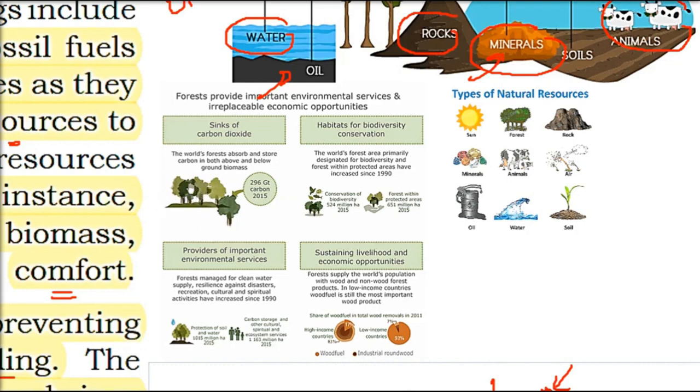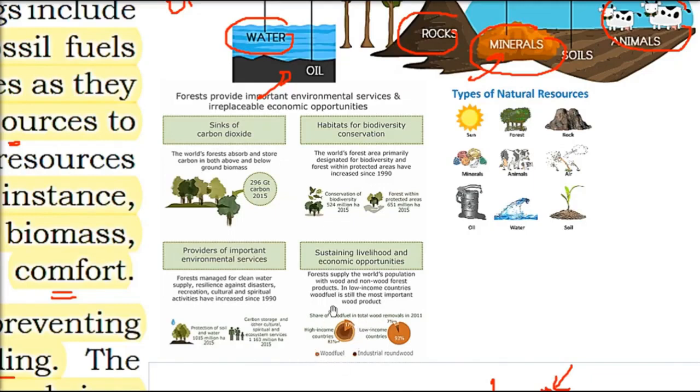I was talking about this forest. Forest is giving us oxygen. Biodiversity means different kinds of flora and fauna living together in harmony, in balance, right? And these services, everything we are getting, for example, wood. Wood we use for furniture.